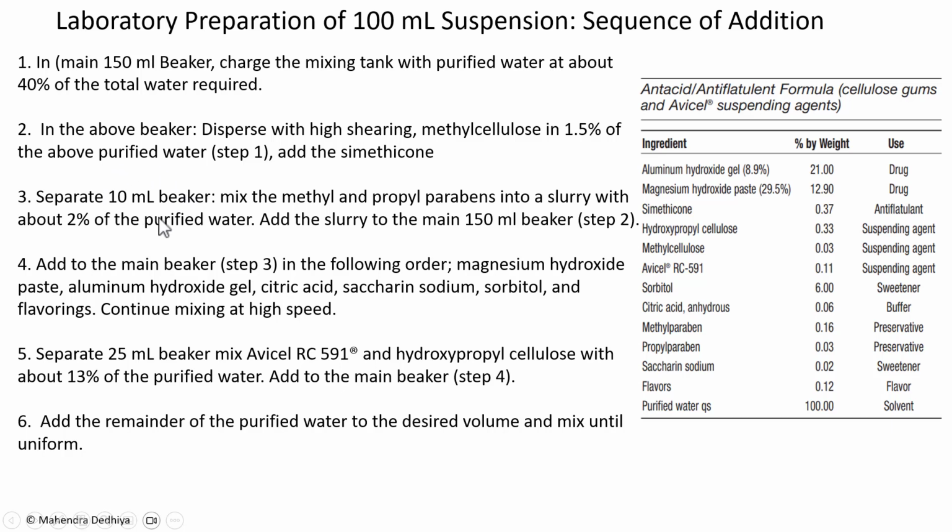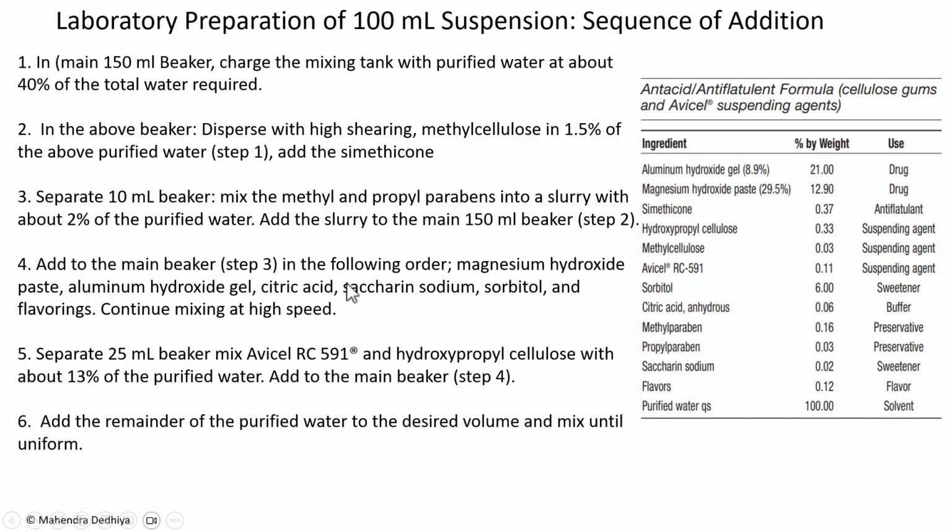In a separate 10 milliliter beaker, mix methylparaben and propylparaben with a very small amount of water, 2% or 2 ml of water. Make a slurry and transfer that slurry into the main beaker, the main tank.